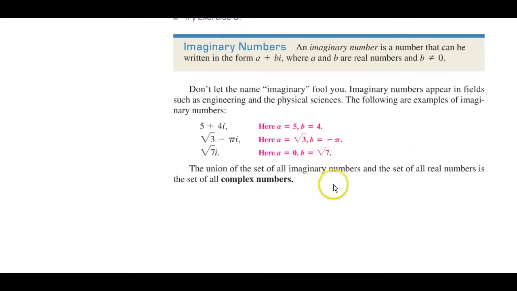These are all complex numbers. Since this is the imaginary part, the a would actually be 0, since there isn't a real number there. Okay, let's go on.